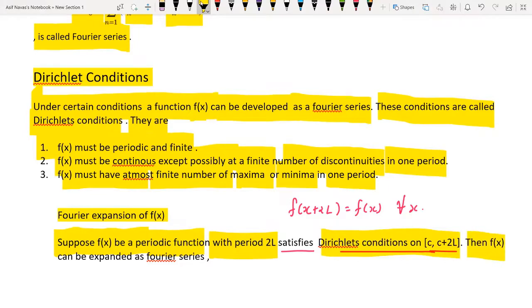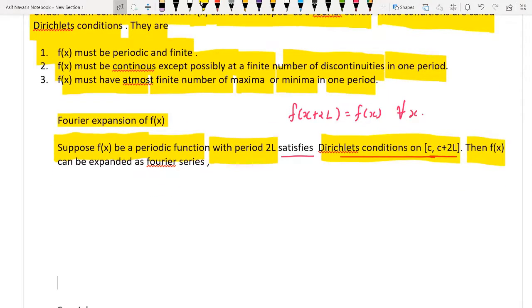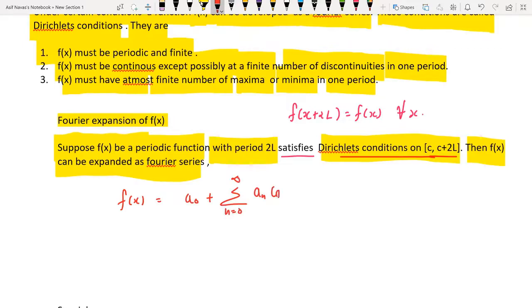Then f of x can be expanded as a Fourier series of the form f of x is equal to a naught plus sigma n equal to 1 to infinity of an cos n pi x by l plus bn sin n pi x by l, where 2l is the period of f of x.